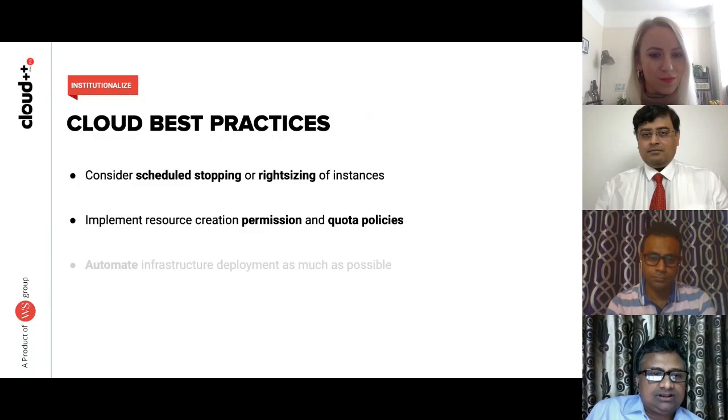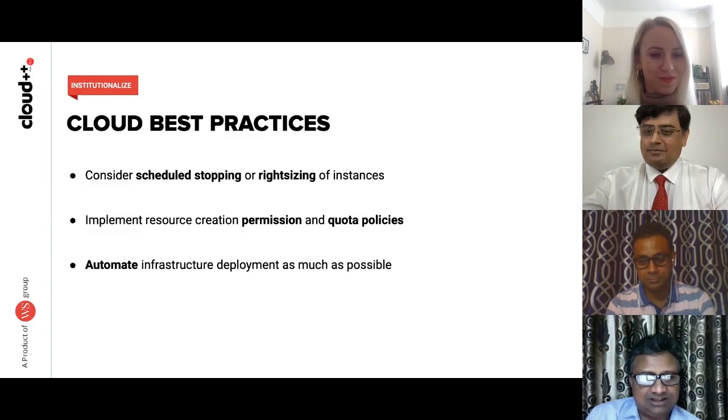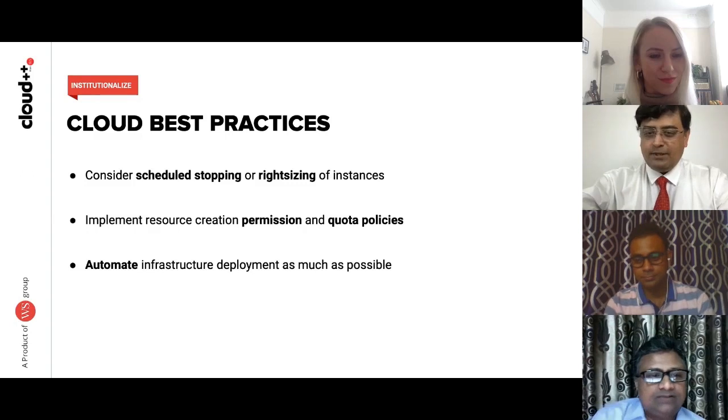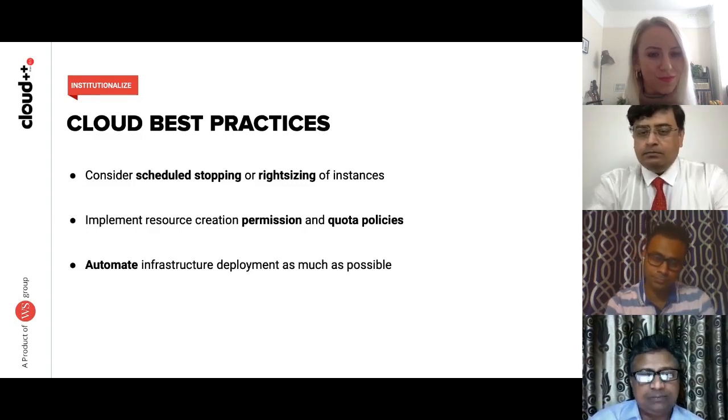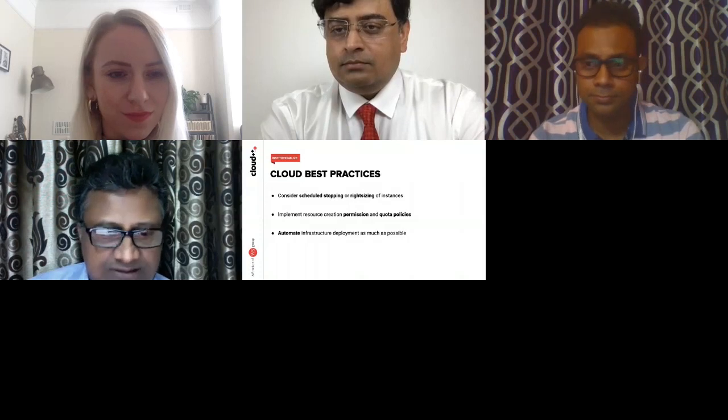The last point is a bit interesting: automate infrastructure deployment as much as possible. You may wonder what it has to do with cost control. It is more of deployment management or CI/CD, so how can it affect cost? But the cloud vendors allow you to create pre-configured, cost-optimized resource templates for different use cases. For example, you need a PHP system with moderate usage, like 2 web servers and 1 database server.